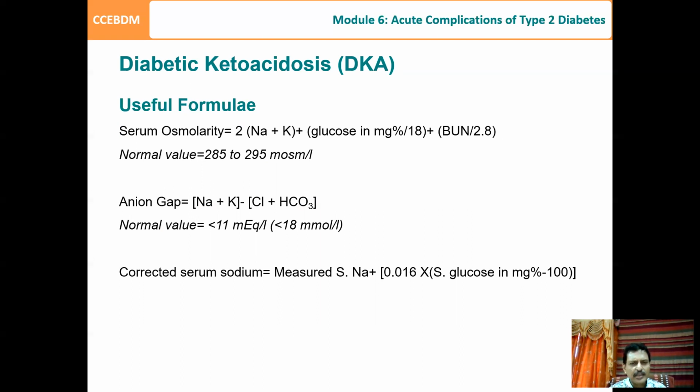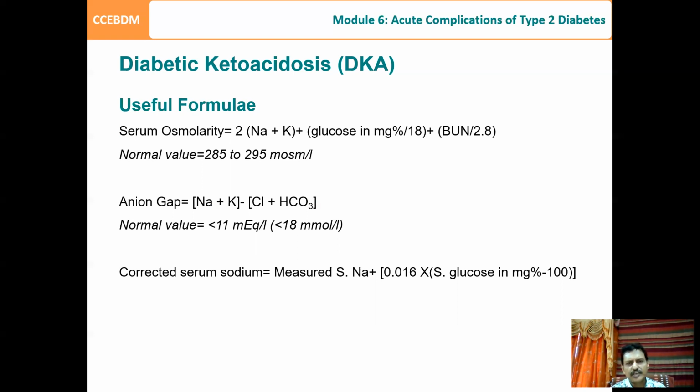Now, what we mean by anion gap: you have to measure the two important cations in our blood, sodium plus potassium, and then subtract from this value the total amount of the important anions, that is chloride and bicarbonate.